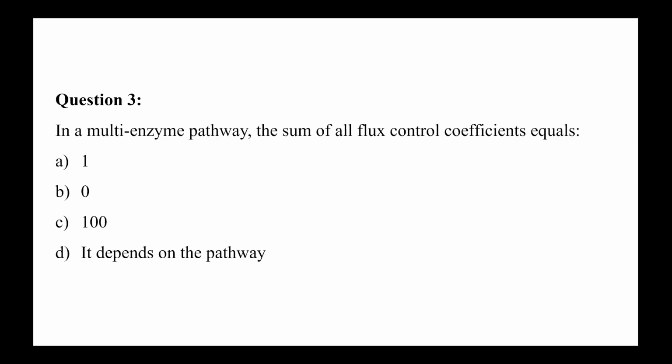So moving on to the next question. In a multi-enzyme pathway, the sum of all flux control coefficients equals option A, 1, option B, 0, option C, 100, and option D, it depends on the pathway.